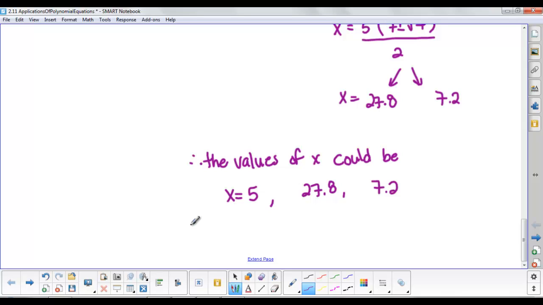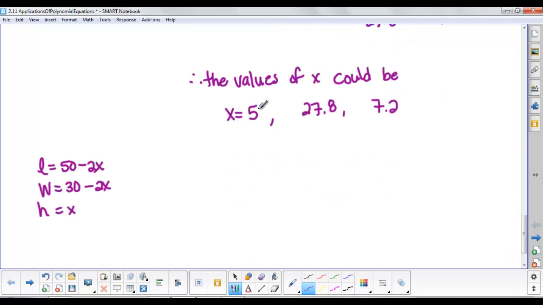Now we need to take a step back and think, are all of these values valid? So let's go back up and take a look at what we wrote for our statements for all the dimensions. Let's go ahead and sub in all of these values and see if each one is valid. If we sub in a 5, well, 50 minus 2 times 5, so 50 minus 10, that makes sense for a length. How about 27.8?